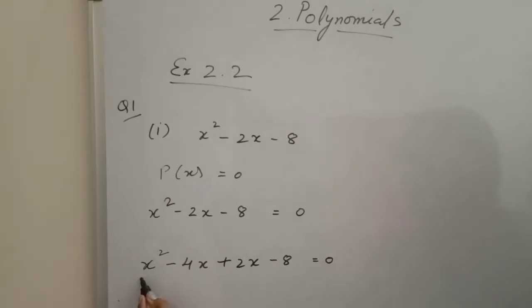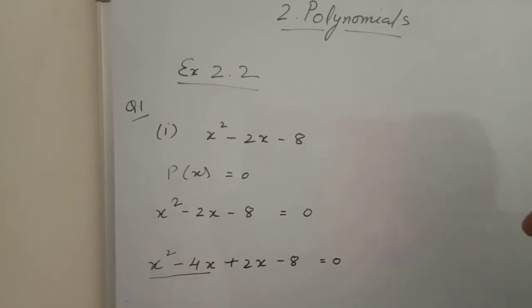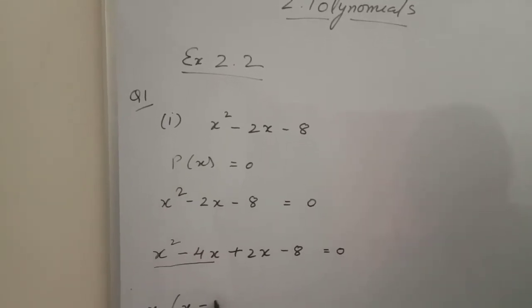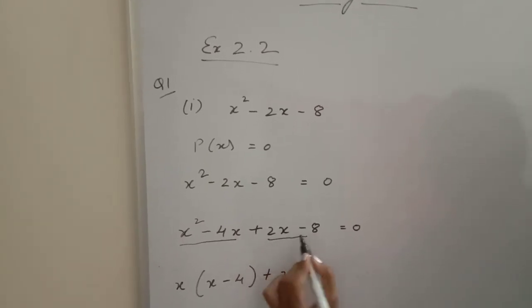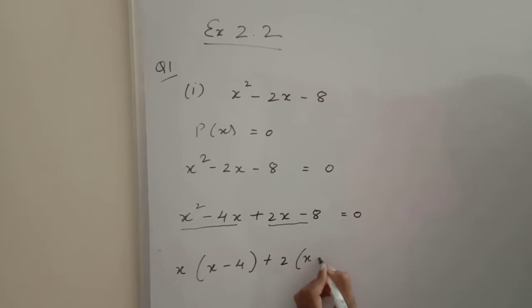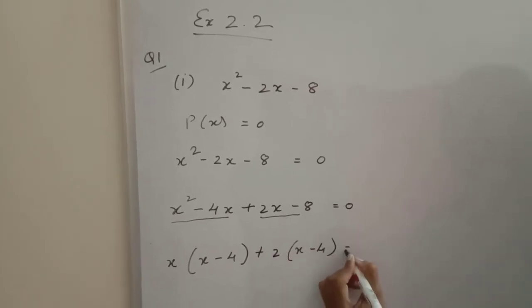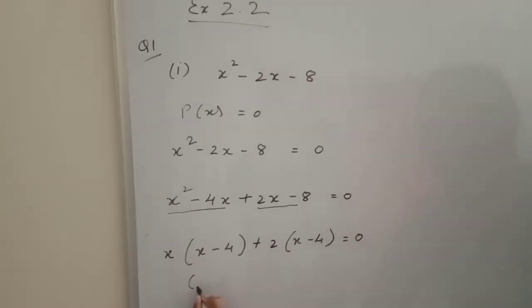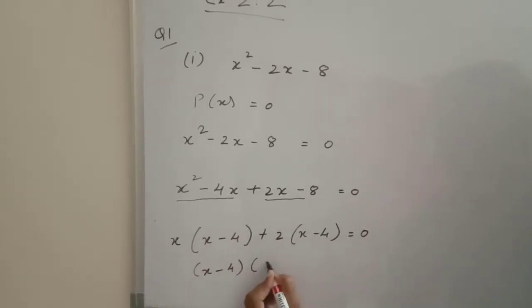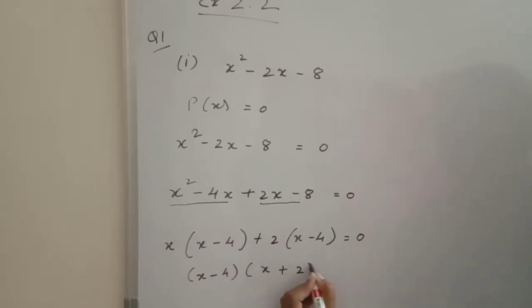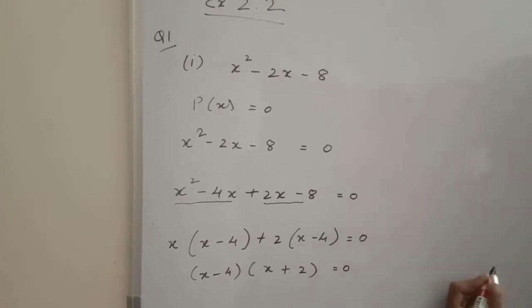Now I will take the common from this. x is common: x(x - 4), plus from this 2 is common, so x - 4 will remain in the bracket. If I take x - 4 common outside, what will remain in the bracket? x + 2 = 0.